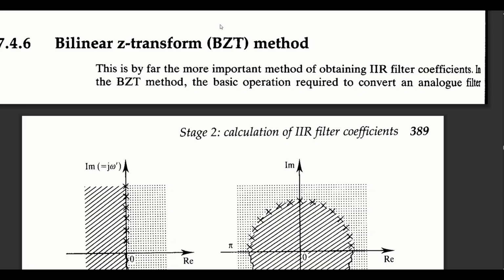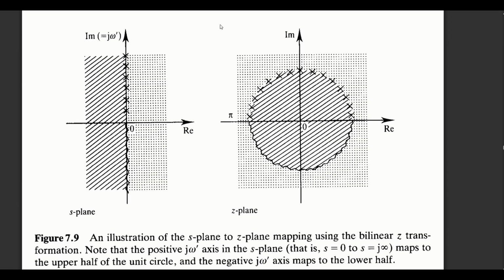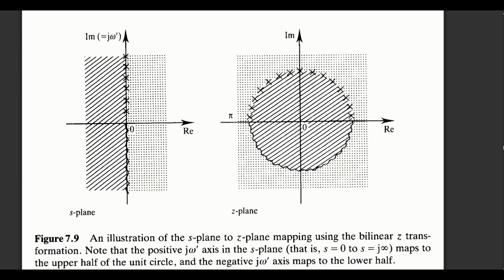We just have a nice equation and we are done. Okay, so in this method, if you carefully remember, in the design of a filter in the analog domain, we are usually dealing with something called S, right? So we have poles and zeros, transfer functions in terms of S.